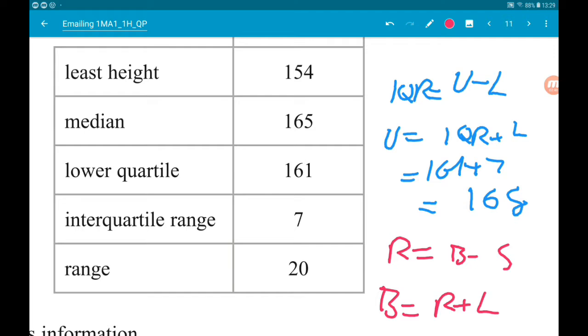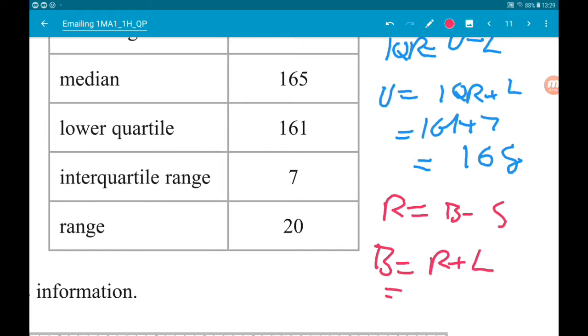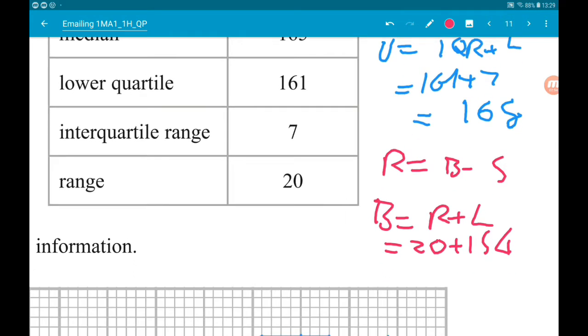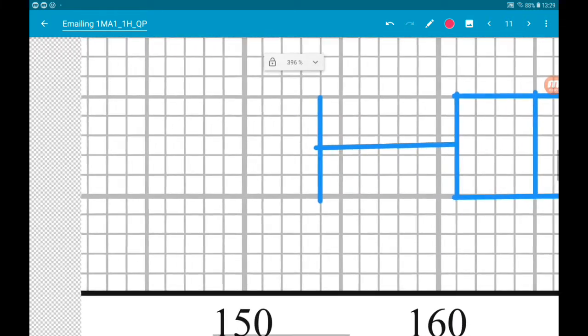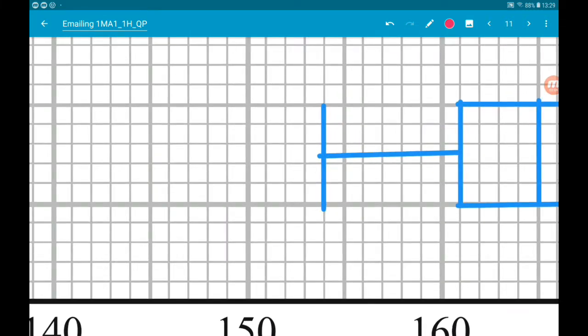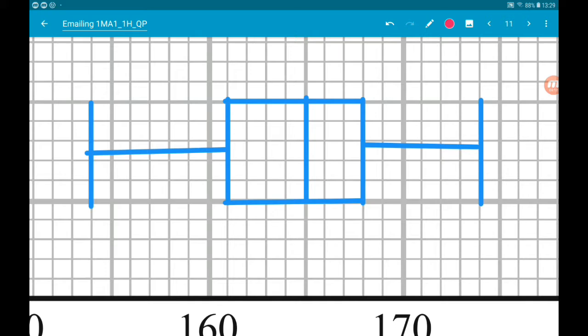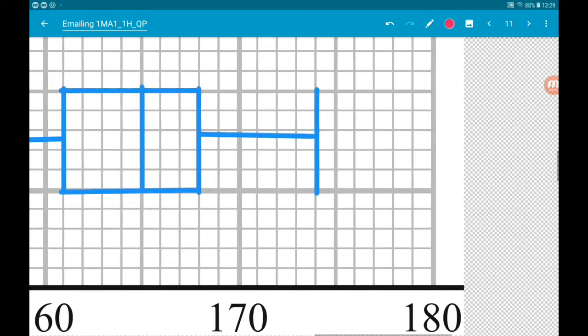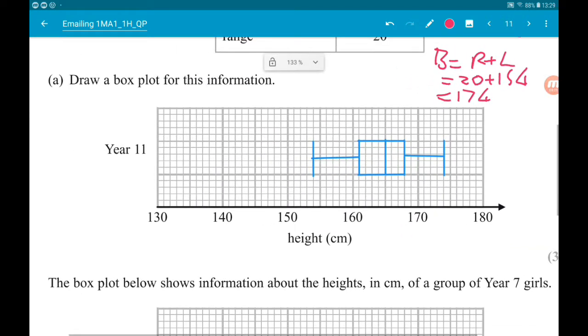So here, that's 20 add 154, which is 174. Okay, so on our box plot, this guy on the left is the smallest value, the least height. The next vertical line is the lower quartile, then the median, and then the upper quartile, and then the greatest value. So that's part A.